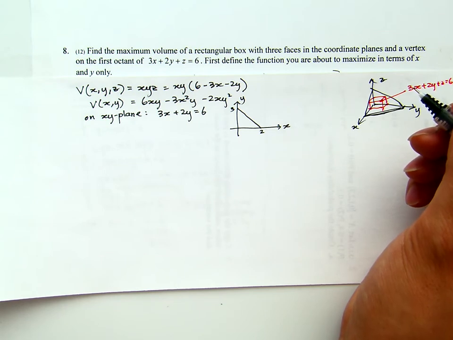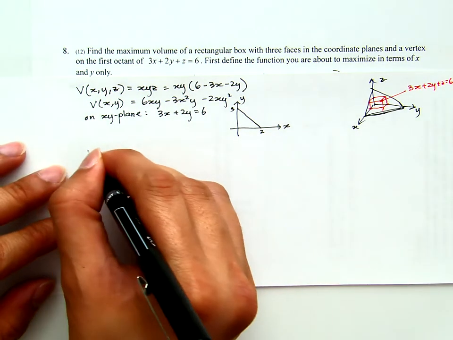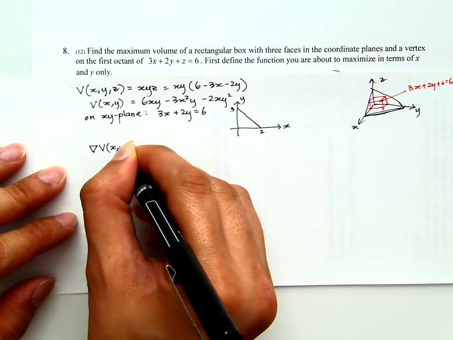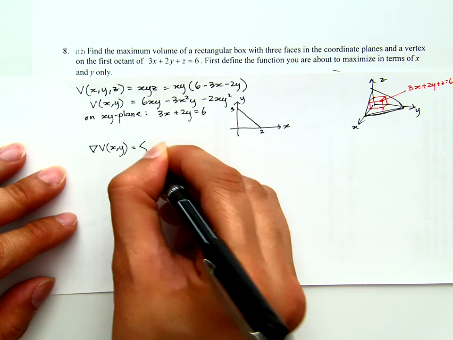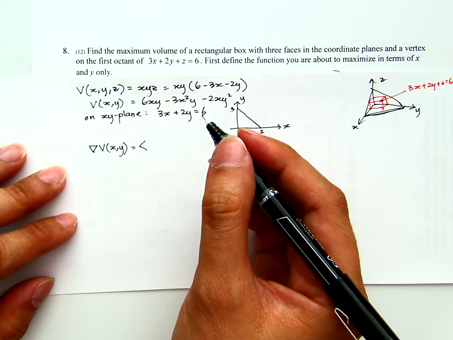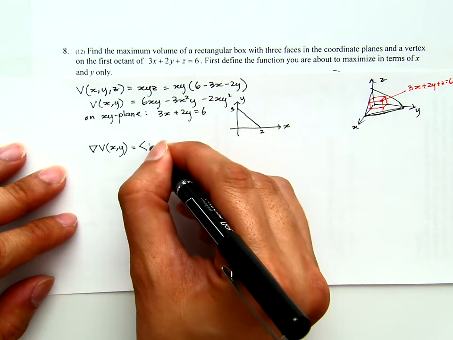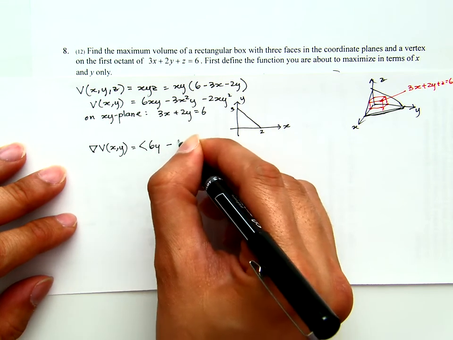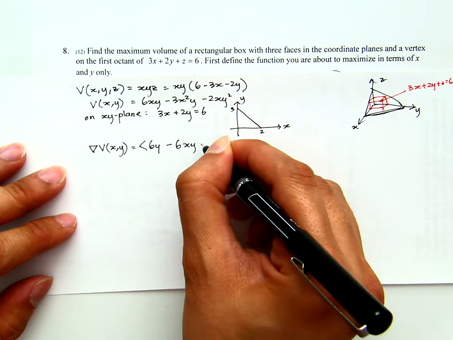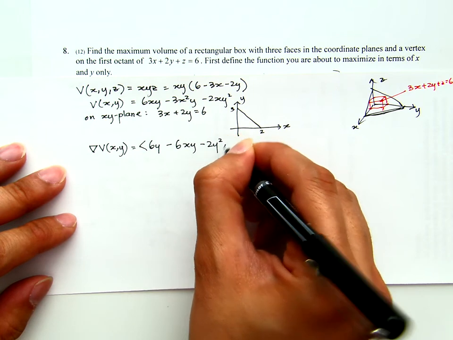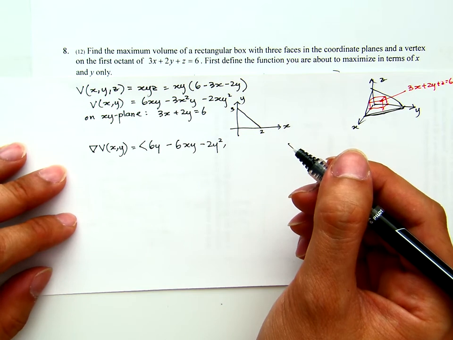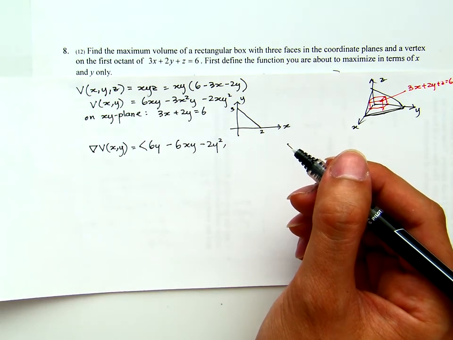Now, we want to maximize this volume. We then take the gradient of V. That is equal to the vector (6y minus 6xy minus 2y squared) for the x component, when you do the partial derivative of V with respect to x.